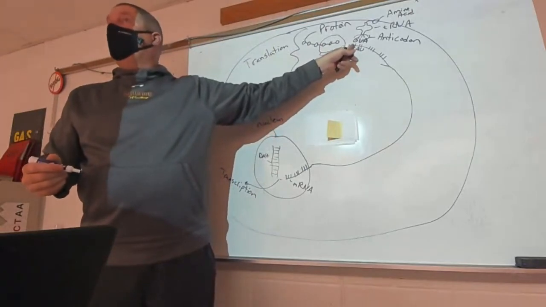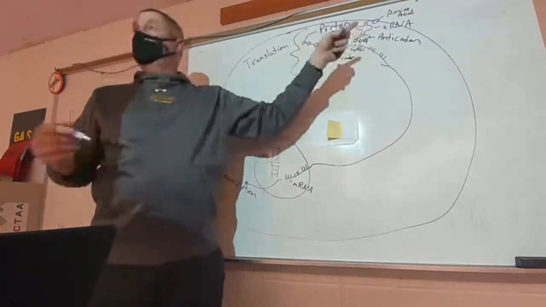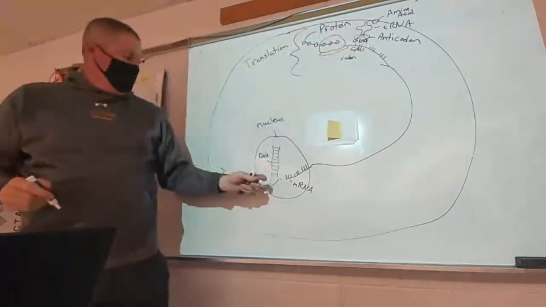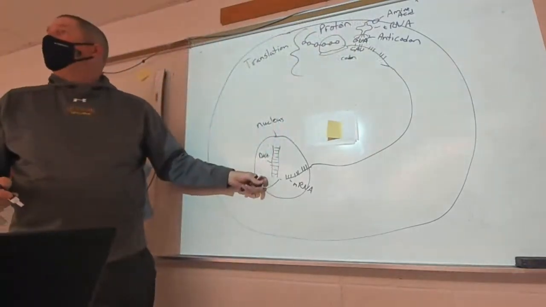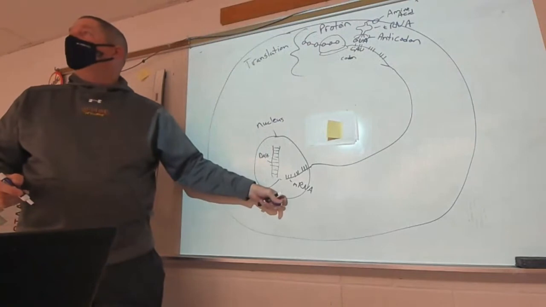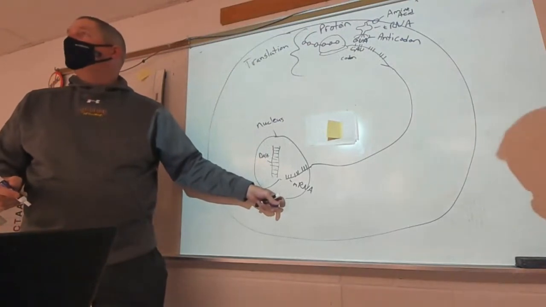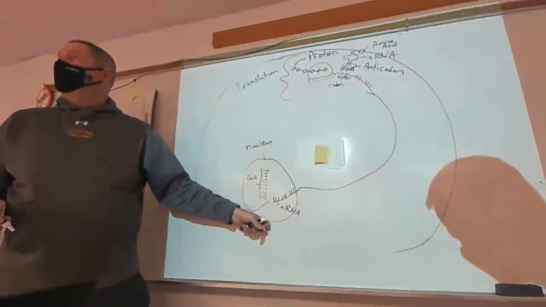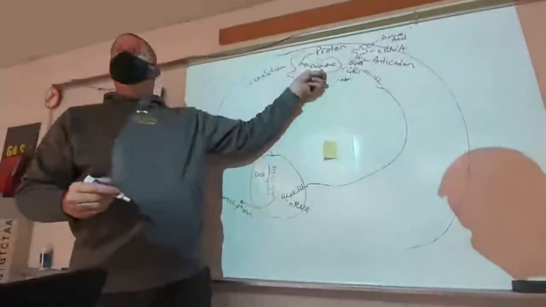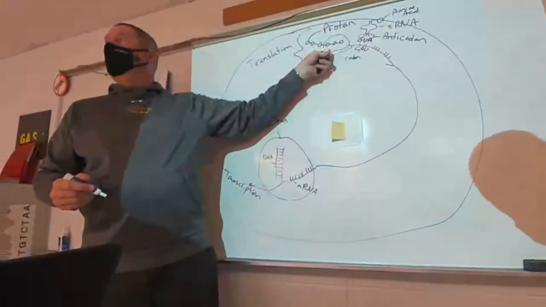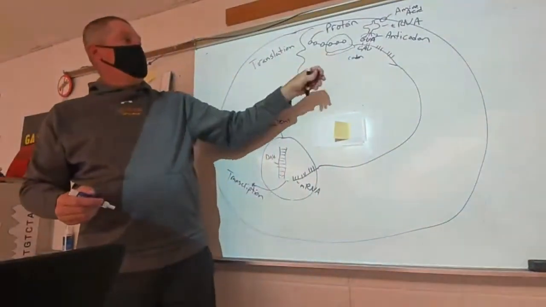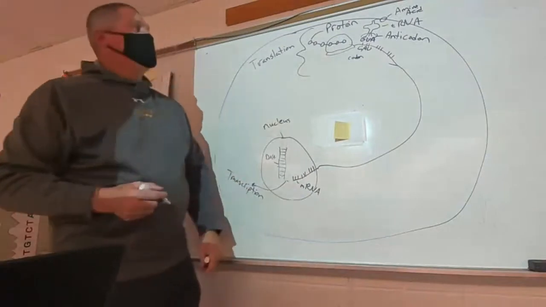Okay? This is where you're finding out what amino acid goes. This process, you're plugging in. This is where we pair up the bases to make RNA on your paper that we did last class. Okay? Then when I plug it in the chart, it's here. Okay? So that kind of gives you a little bit of a visual.